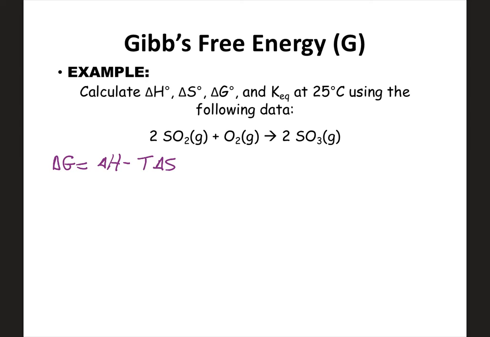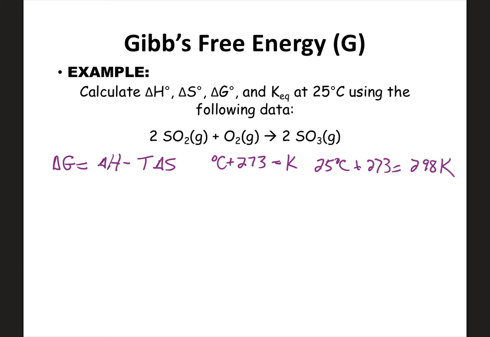But we do have to watch our units here. First thing I need to do is convert the temperature to Kelvin. So we know degrees Celsius plus 273 equals Kelvin. So we have 25 degrees Celsius plus 273 is going to be equal to 298 Kelvin here.